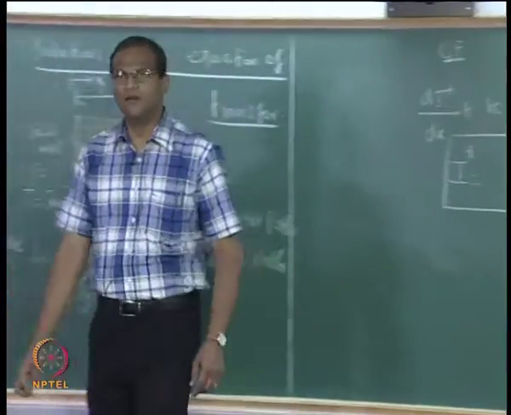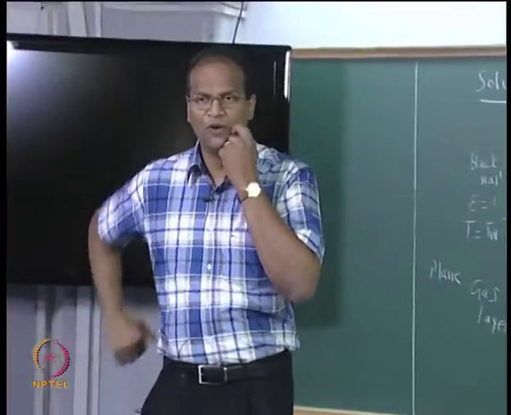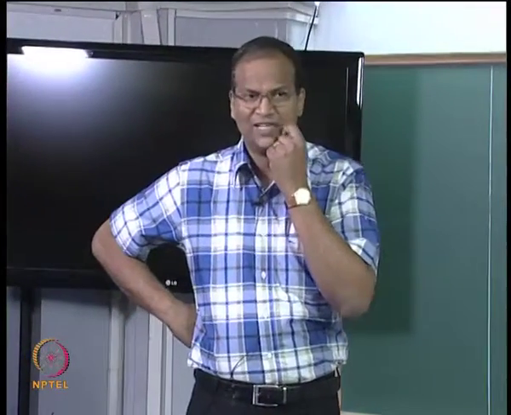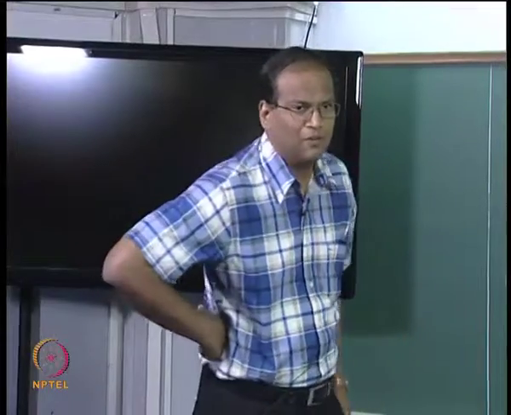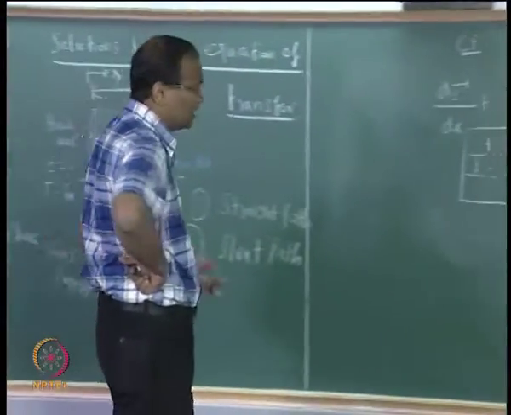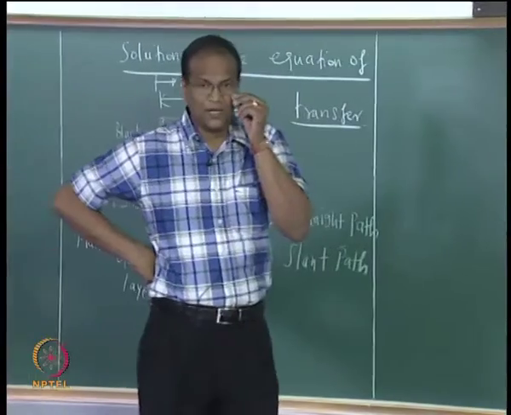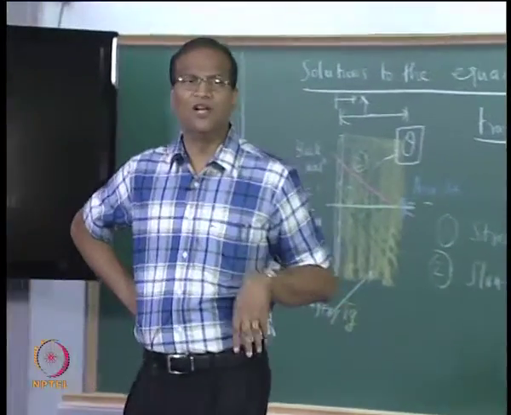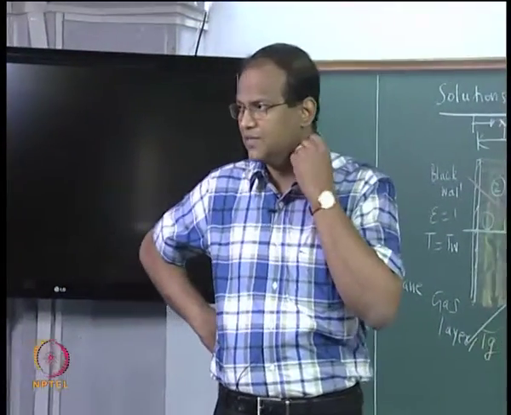I hope all of you remember this one way of solving ODEs. You can set the right side equal to 0 and first get the CF and then you get the particular integral, okay, and then combine the complementary function and particular integral, get the general solution, apply the boundary condition and get the constant of the integration.